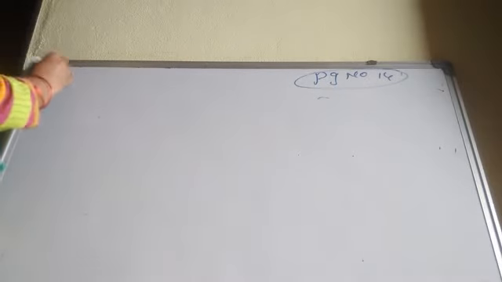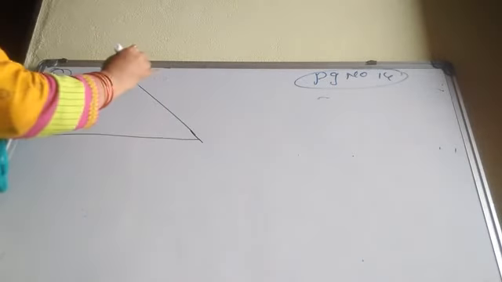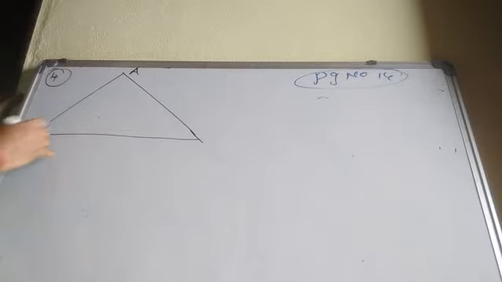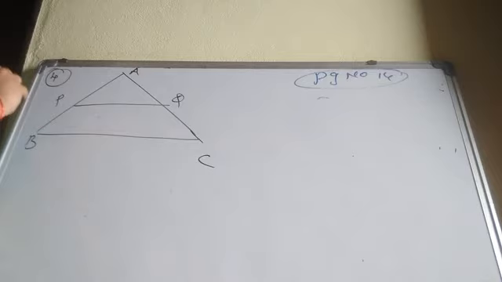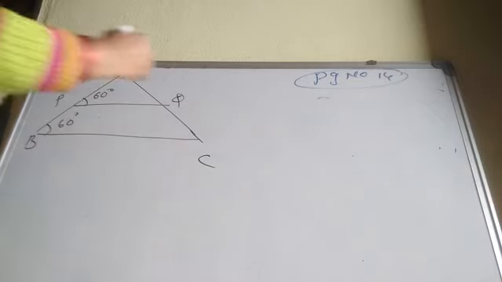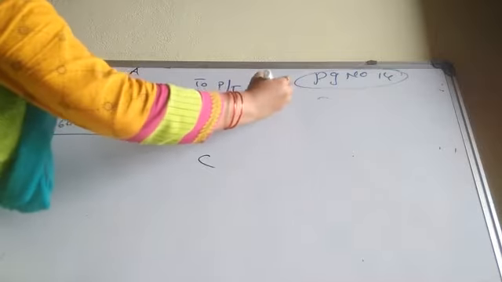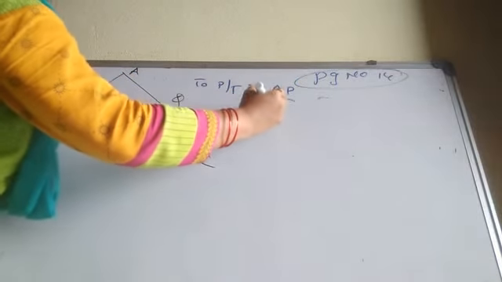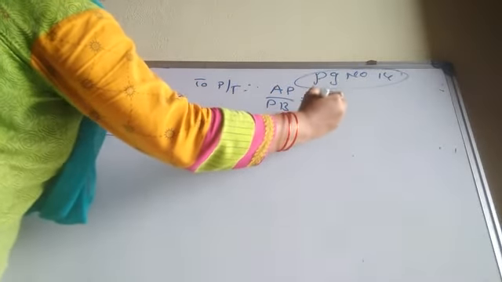Students, now coming to the next question. Question number 4. Draw the figure first. In geometry, figures are compulsory. Triangle ABC. Here there is a line PQ, and two angles are given, 60 degrees, 60 degrees. We have to prove that AP upon PB equal to AQ upon QC.